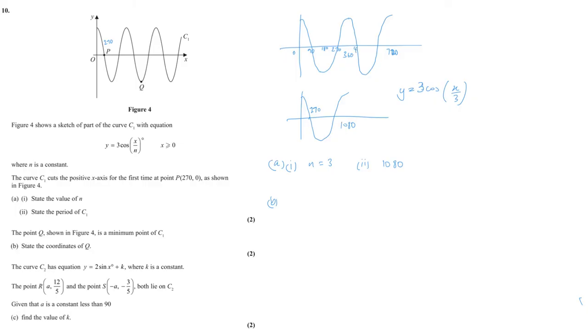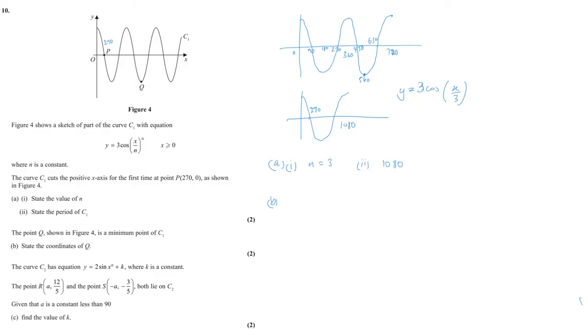So 360 is at the top, so this hits there at 450. It hits there at 540. Hits there at 630, and it hits there at 720. So it's 360, 450, 540, 630, 720. And this is where Q is, on the bottom of my second one.